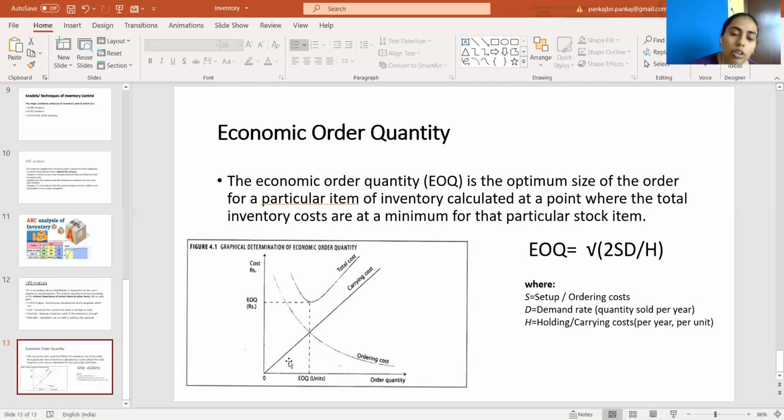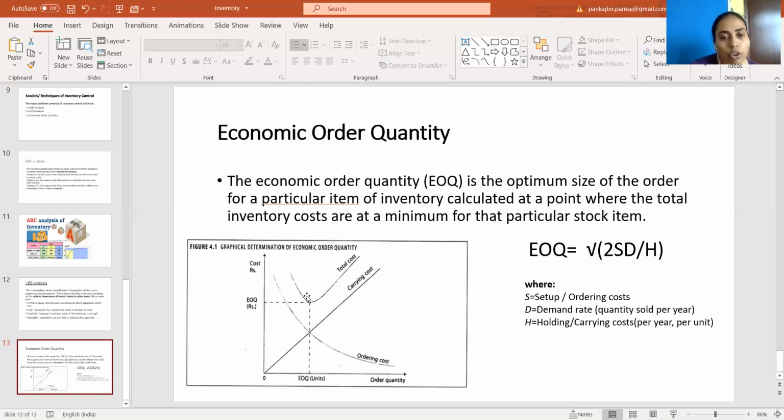And carrying cost is directly proportionate to the amount of commodity, so it is going up as we increase the quantity of commodity. And these two are the prominent costs which add up to the total cost. So when we combine these two costs, we get a total cost curve, which is a U or V shape curve of total cost.